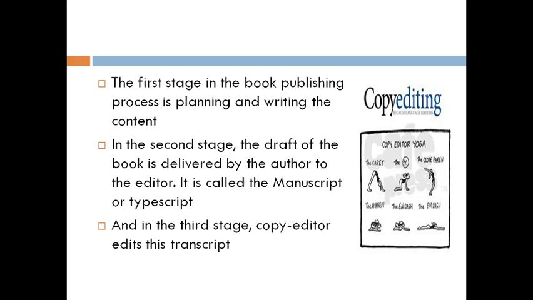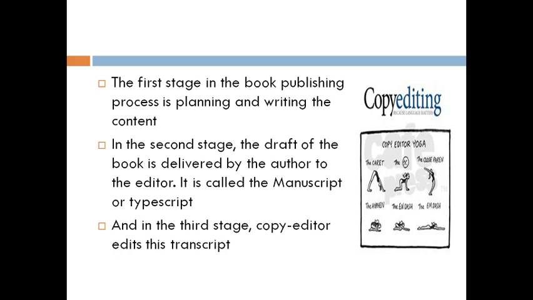And there are different stages in book publishing. The first stage is, of course, planning and writing the content, and it is done by the author or a group of authors.